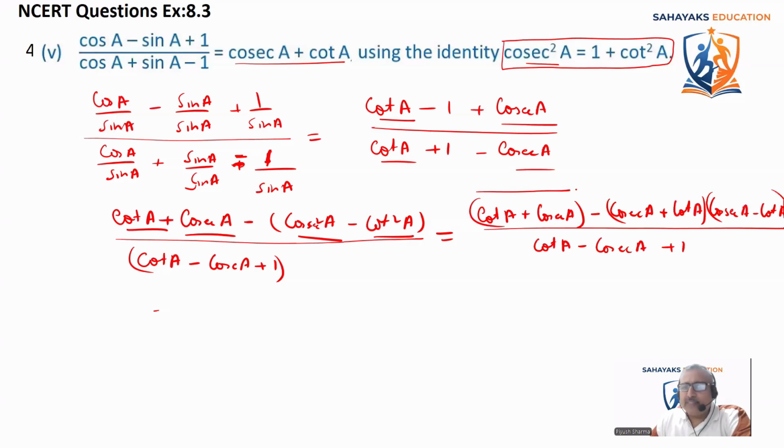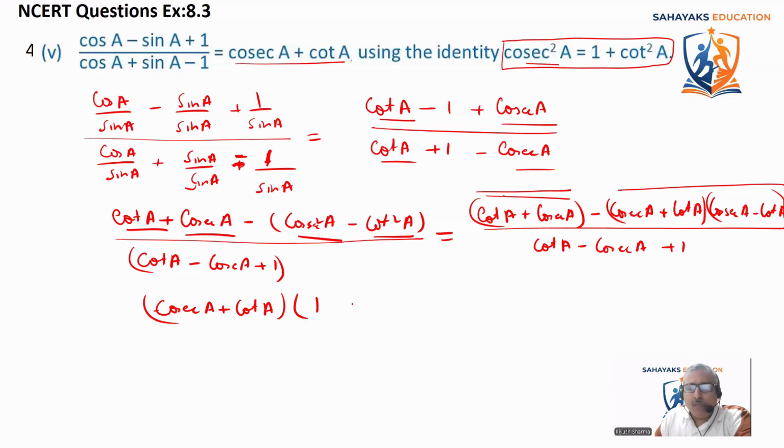Now in both these terms, cosec A plus cot A is common. So we'll just write cosec A plus cot A outside. What is left from the first term?